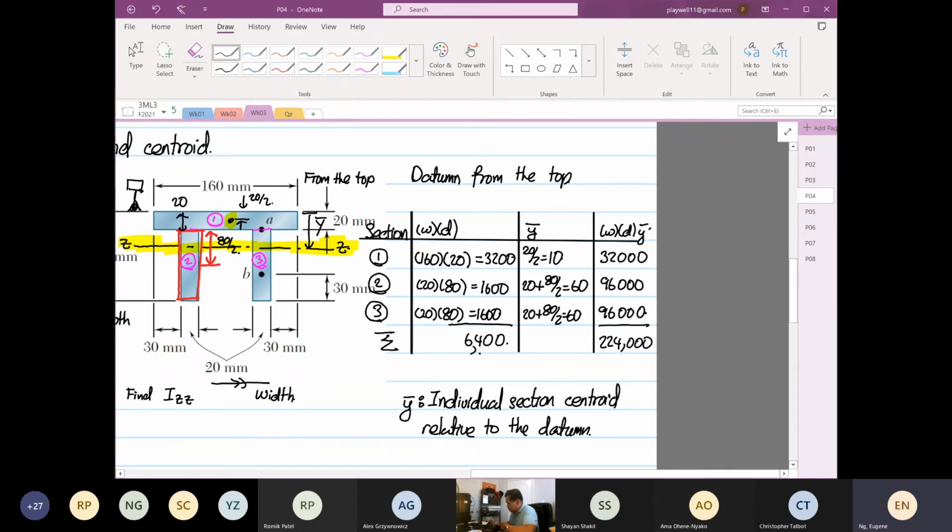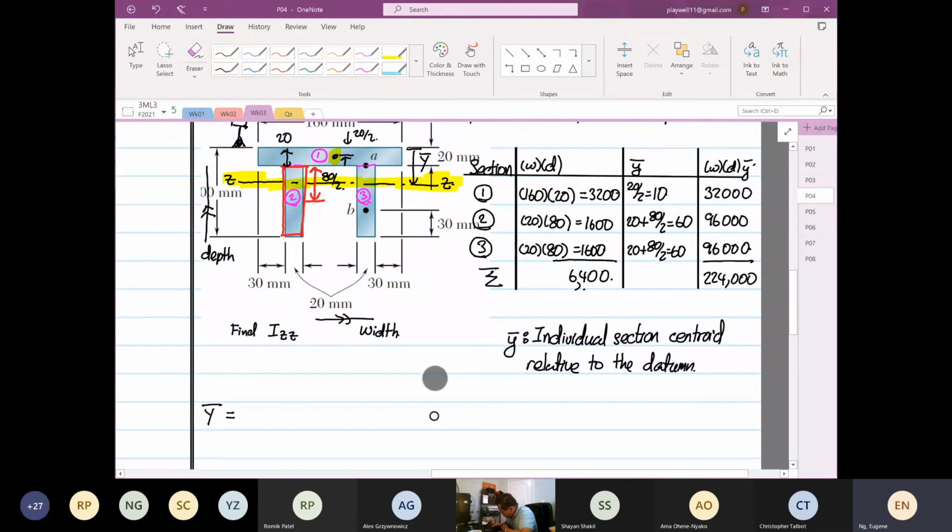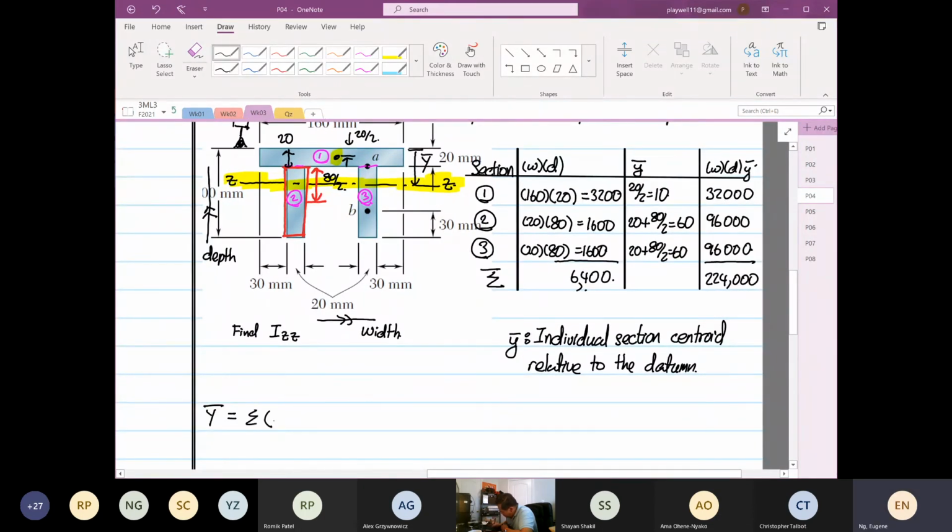Okay, so the Y bar is equal to the summation of width, depth, small y bar divided by the summation of the width and depth. So this is equal to 224,123 divided by 6,400.